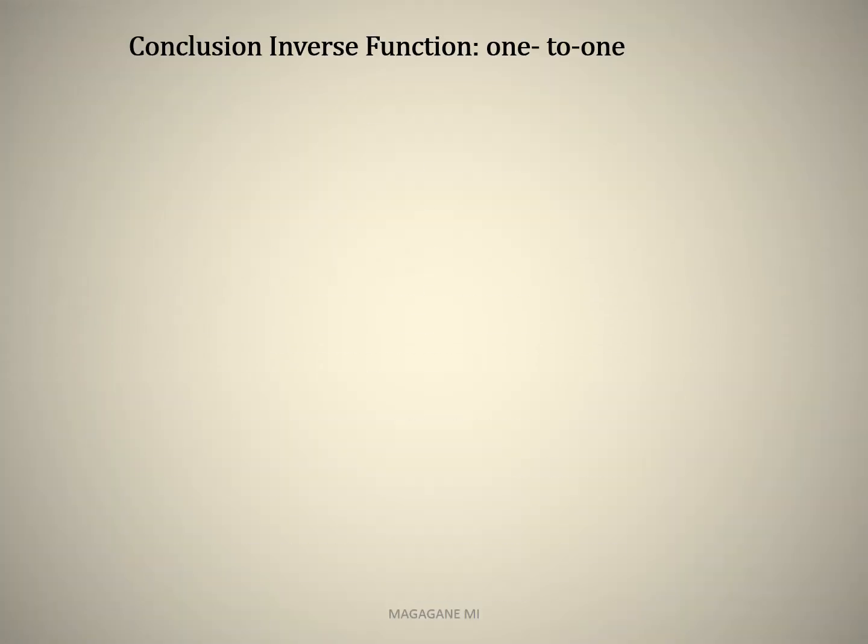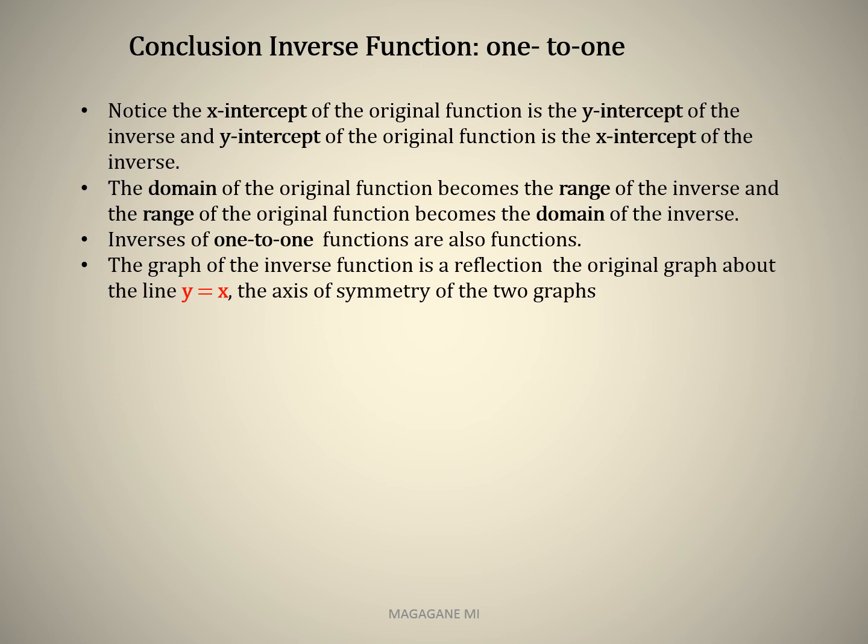Conclusion, inverse function of a one-to-one. Notice the x-intercept of the original function is the y-intercept of the inverse, and the y-intercept of the original function is the x-intercept of the inverse. X and y interchange. The domain of the original function becomes the range of the inverse, and the range of the original function becomes the domain of the inverse.